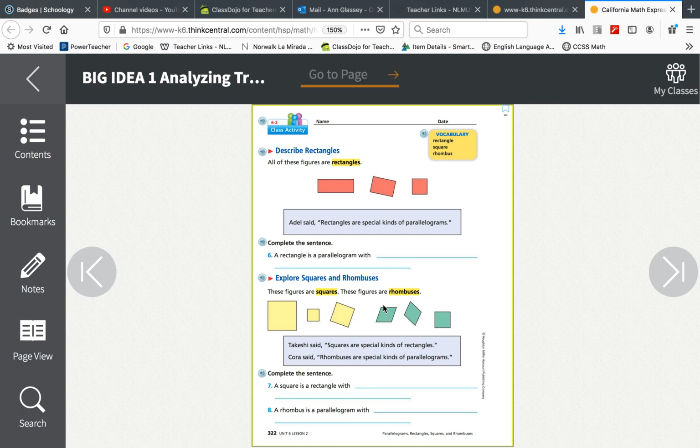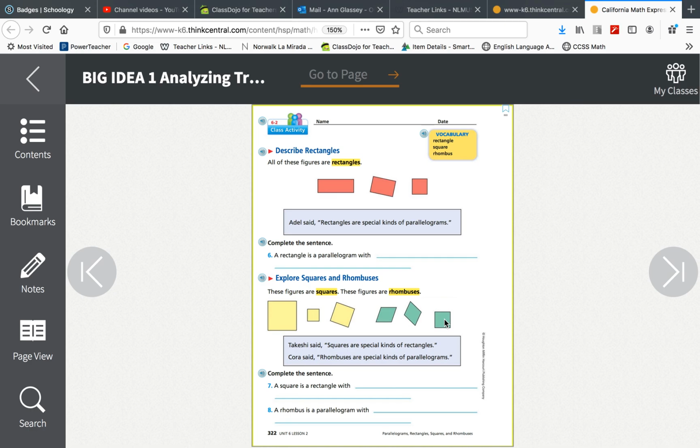also has 4 sides. It's a quadrilateral. It's a parallelogram, but notice it does not have to have 4 right angles. It can. A square is a rhombus, but the definition is a parallelogram, quadrilateral, and all sides are the same length, but they don't talk about the angle size.